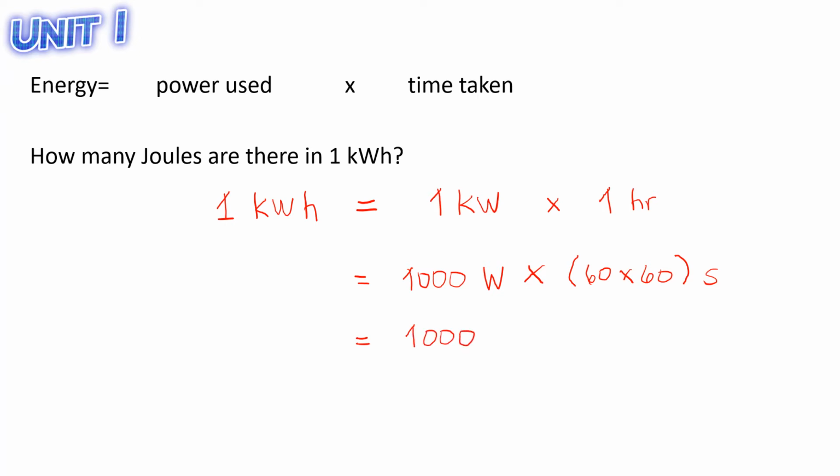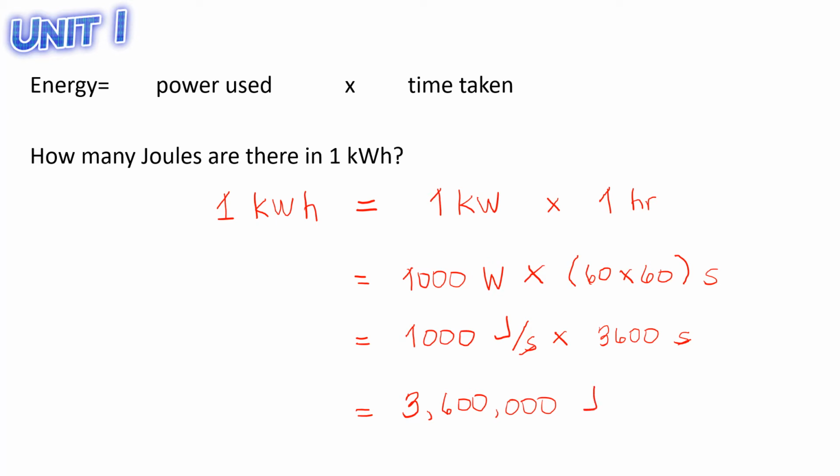Remember that the unit for watts is joules per second. Multiply 60 times 60 and you will get 3600 seconds, so you cancel the seconds. What you will have there is 3,600,000 joules.